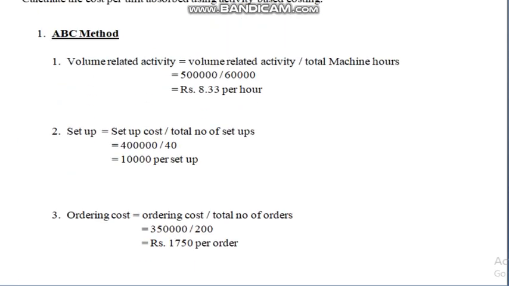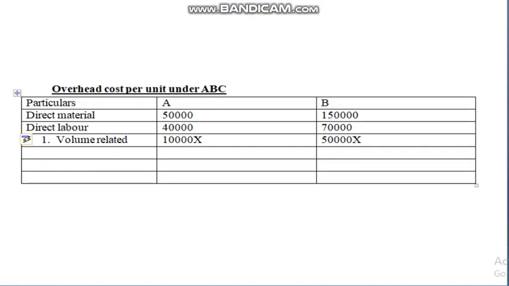The rate per hour will be rupees 8.33 per hour. Multiplied by 8.33, you will get 83,300, and for product B, multiplied by 8.33, you will get 4,16,500. Now volume related activity is over.